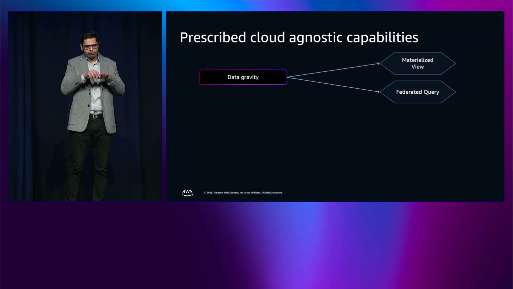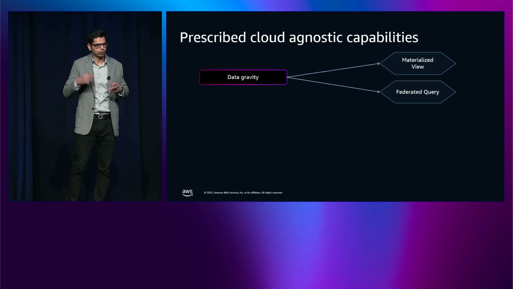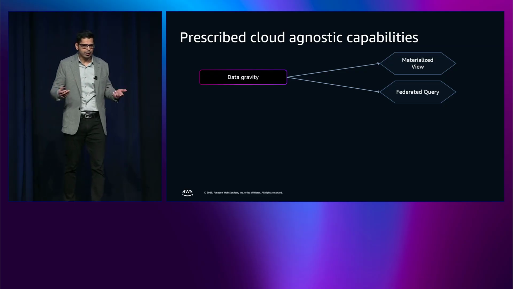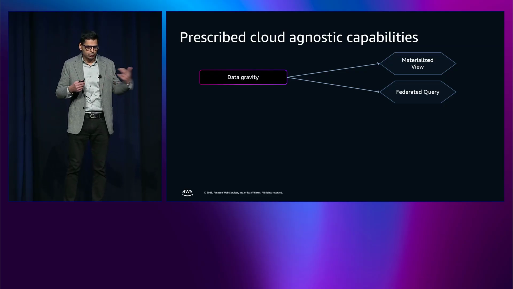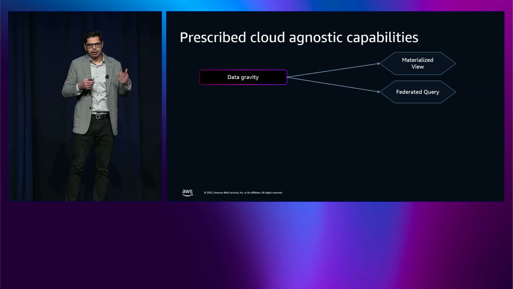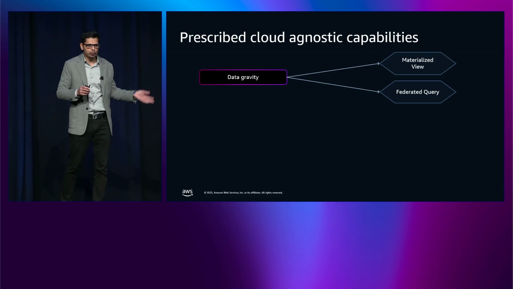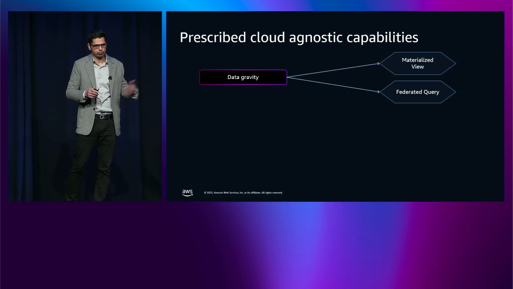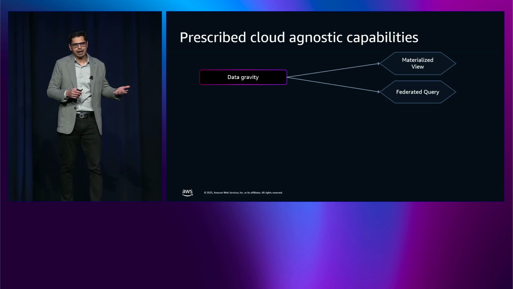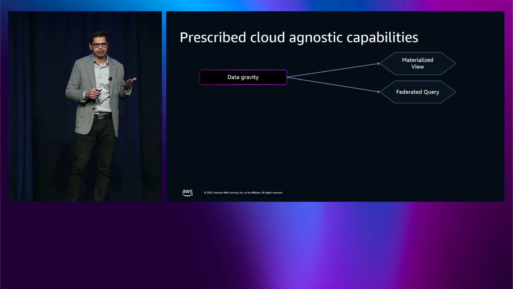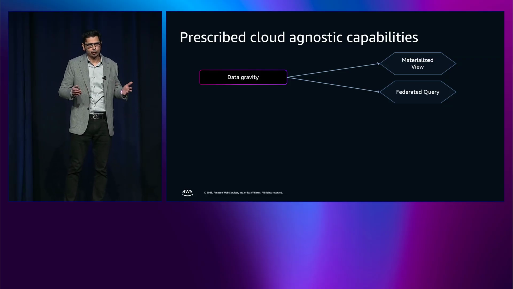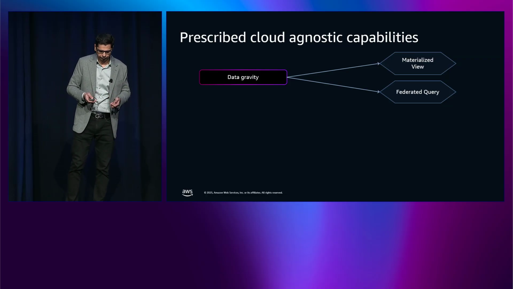So it's like a federation layer created which can crawl all these data sources through APIs or whatever mechanism it is, and it gives you the data without moving any of the data. So even though you have a data gravity problem, in order to fix that, you don't have to do an anti-data gravity kind of a thing, or you don't have to move the data out of your primary cloud, whatever you designate as, and you still have the ability to access the data without doing a lot of back and forth movements.